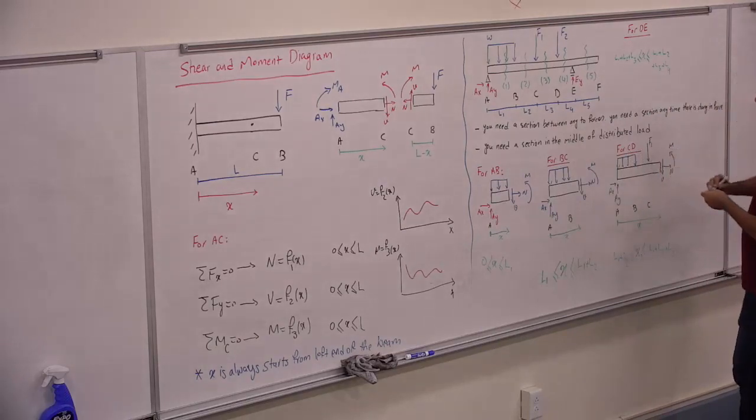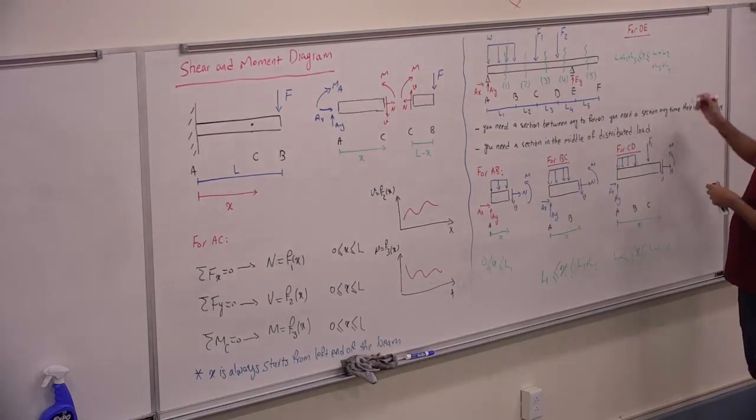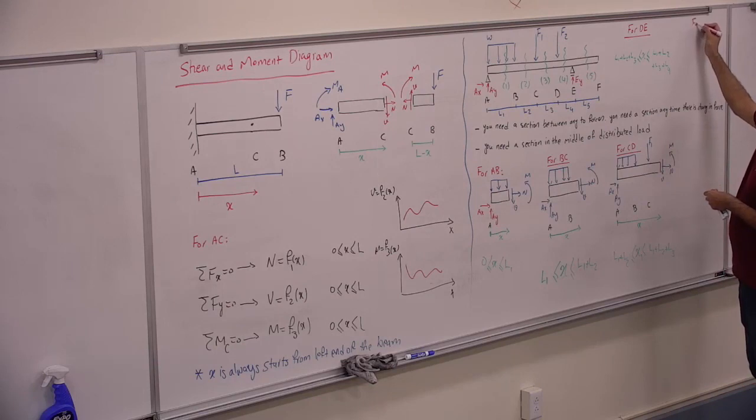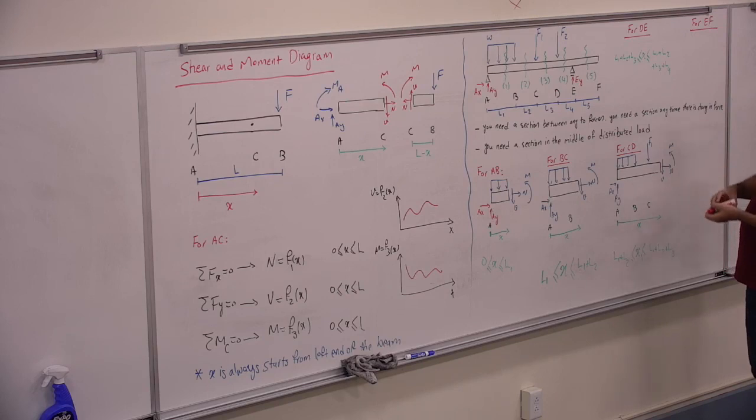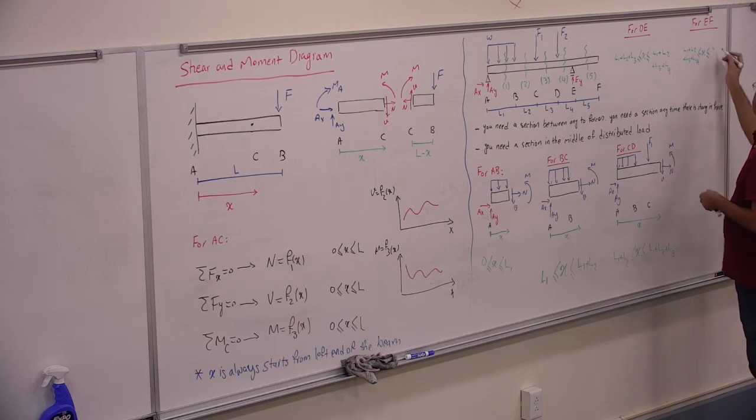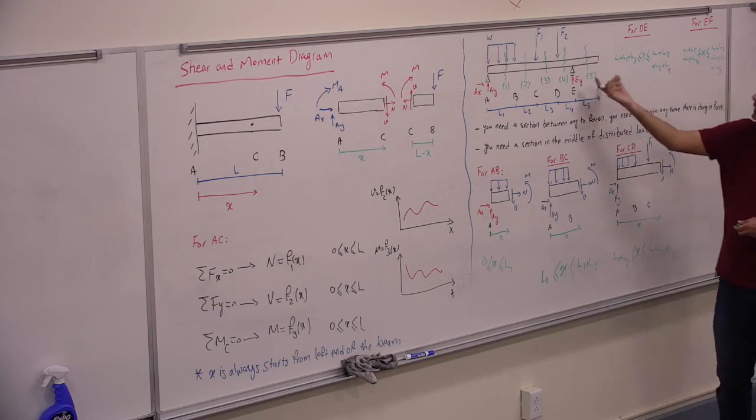And for EF, same thing. So again, it's going to be the X we are considering: L1 plus L2 plus L3 plus L4, and then L1 plus L2 plus L3 plus L4 plus L5. So only this section.